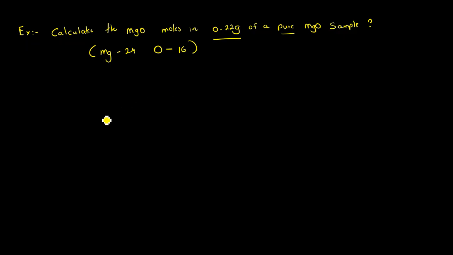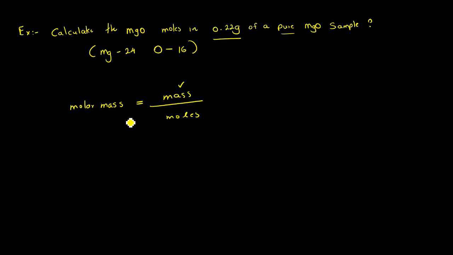Based on the equation, the molar mass is equal to the mass over the number of moles. You know the mass, but you need to calculate the molar mass in order to calculate the number of moles of magnesium oxide.